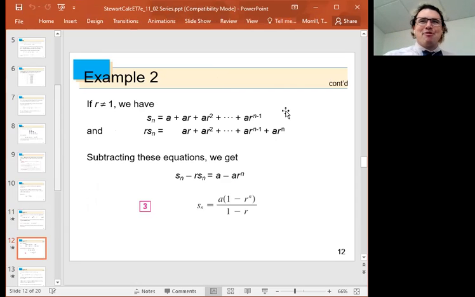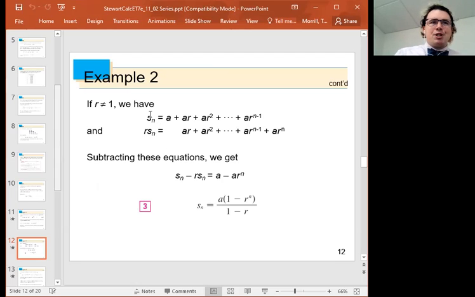Now, let's suppose R is not equal to 1. This is where we can have some fun. So there is a trick to figuring out what formula my partial sum should have. As soon as I have a formula for the partial sum, that gives me a foothold for what the series should look like, the whole infinite series.